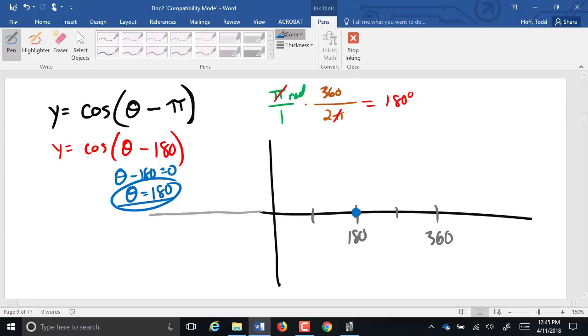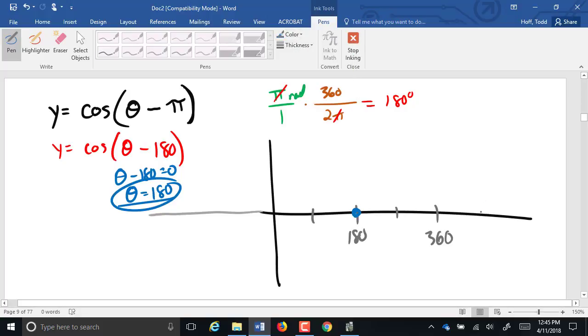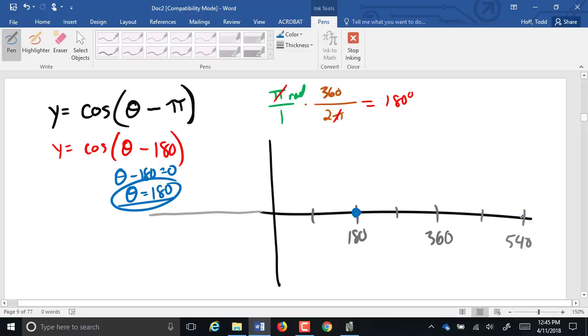What's our period here? 360. So 180 plus 360 is 540. So 540 is the end of that cycle. Now 180, since it's a cosine, would be at what value? At positive 1.